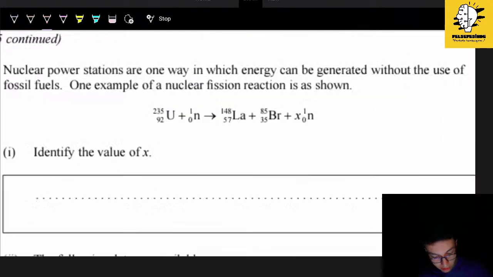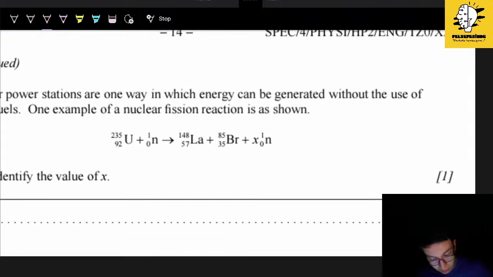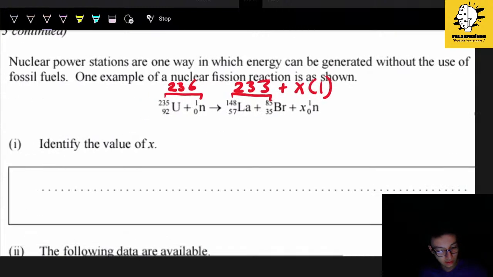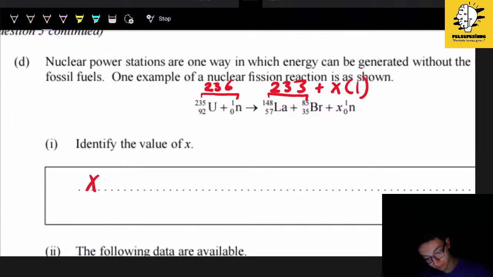Let's have a look at it. 235 plus 1 is 236. And over here, we will have 148 plus 85, making 233. And we have 1 over here: 233 plus x times 1. So what would make it correct? x is equal to 3.